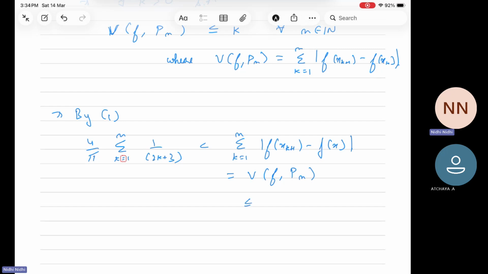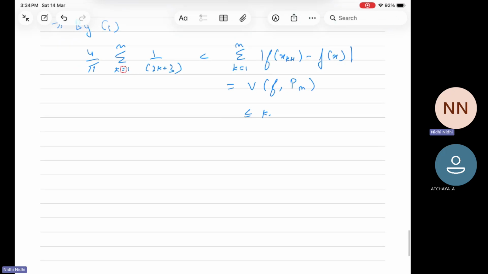This is less than or equal to k. This tells us that summation k from 1 to n, 1 upon 2k plus 3, is strictly less than k pi by 4 for every n in N.